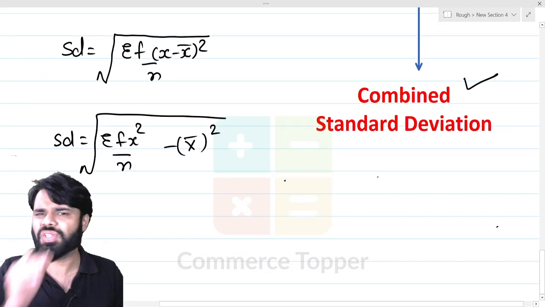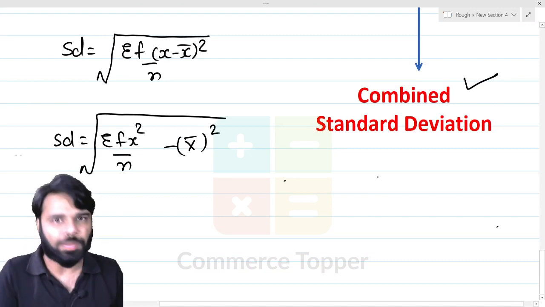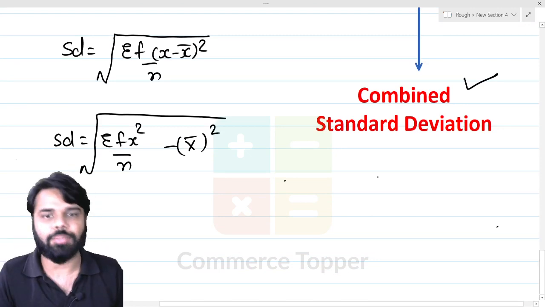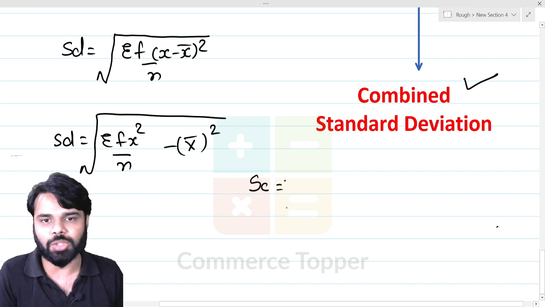Combined standard deviation. This is a very complicated formula compared to all the concepts. Let's look into the detail, and then I will explain the components of the formula.